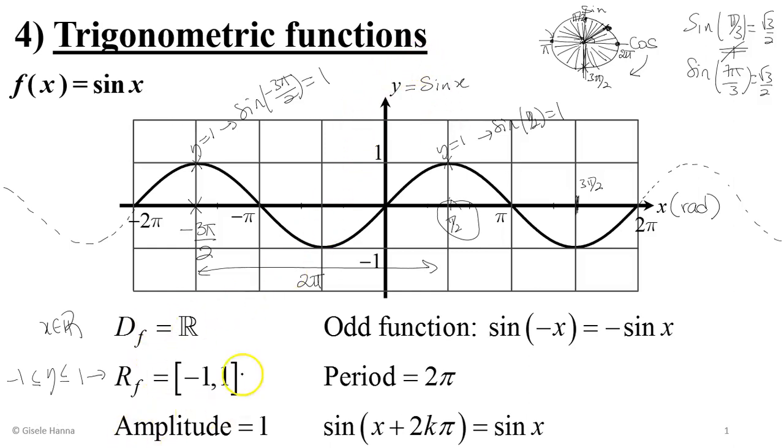However, the amplitude of the function is the distance between the line y equals 0 and the extrema of the curve. Over here you'd notice that this has a length of 1 unit and this has a length of 1 unit. So the amplitude of the curve is equal to 1.